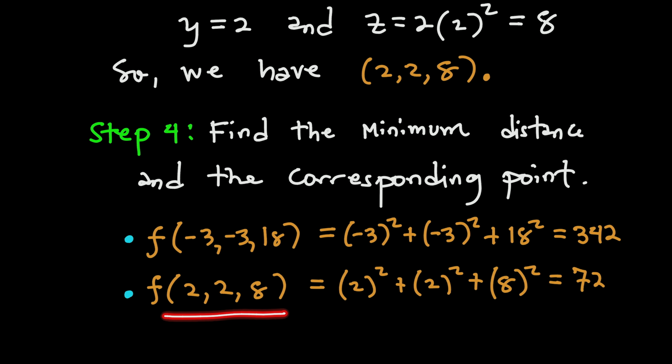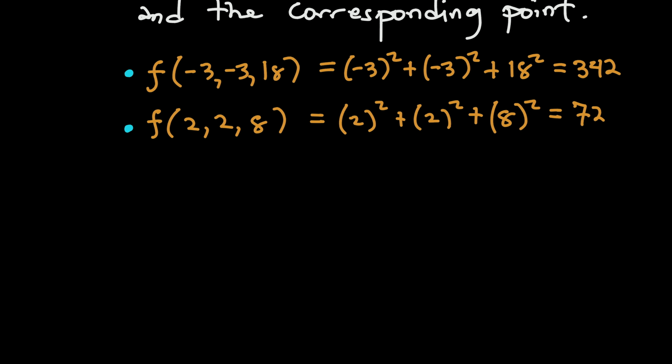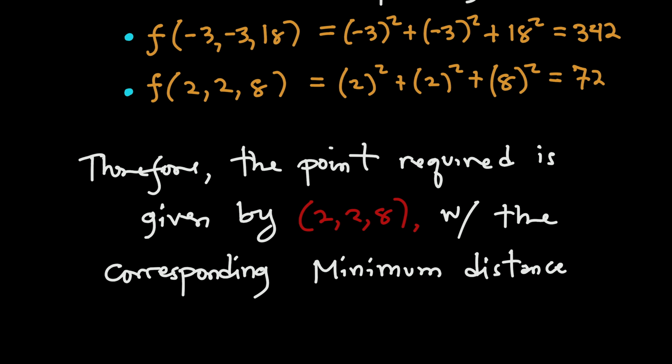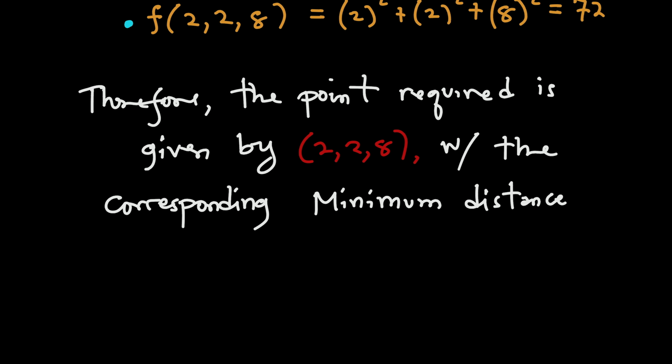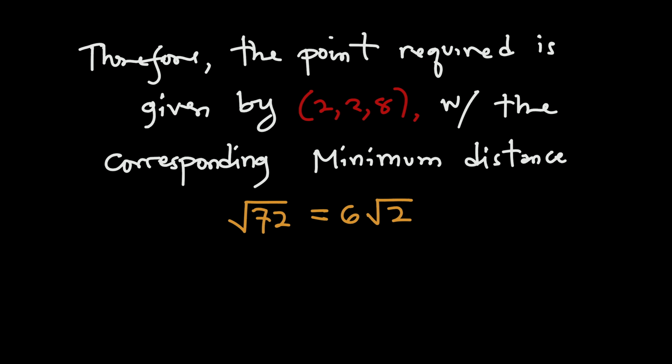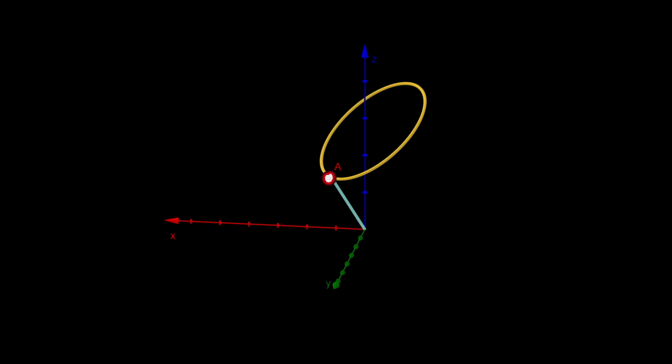So this critical point corresponds to the minimum value of f. Now, since f is equal to the square of the distance, therefore, the point required is this one, and the corresponding minimum distance is the square root of this 72.